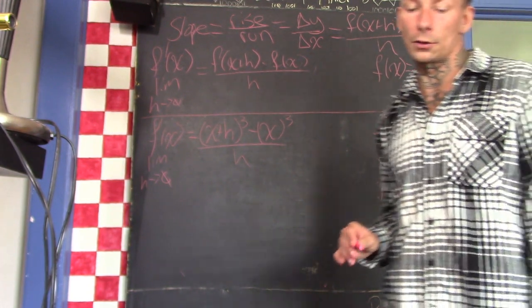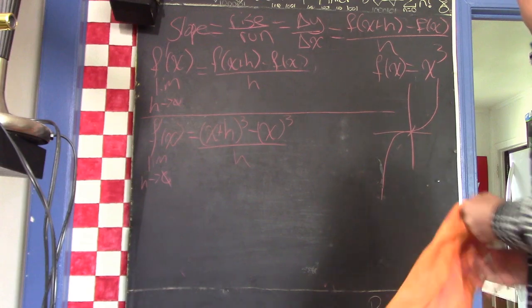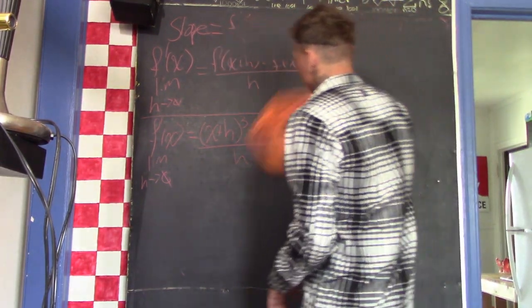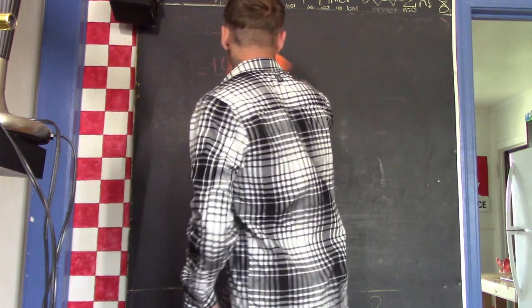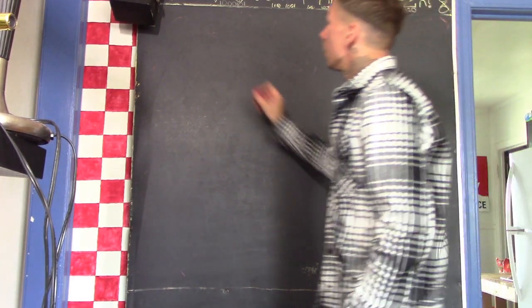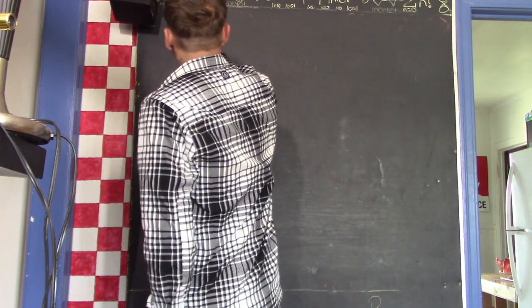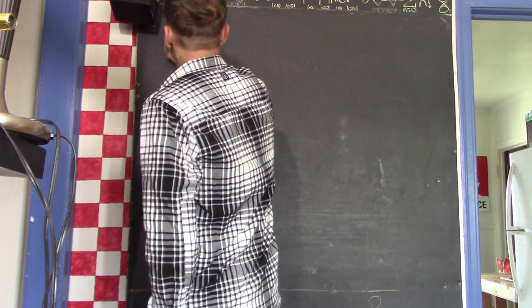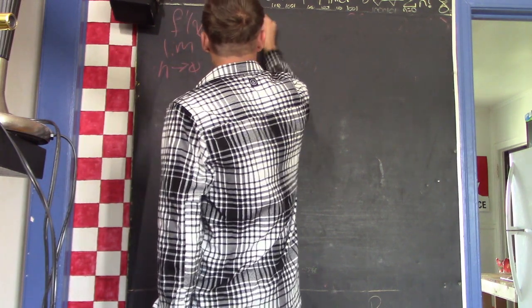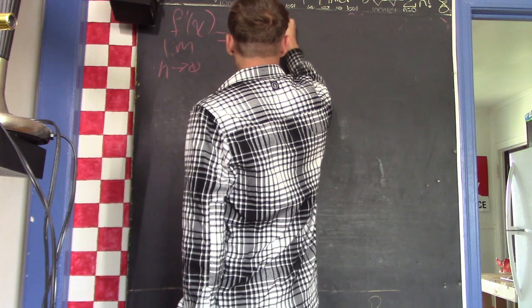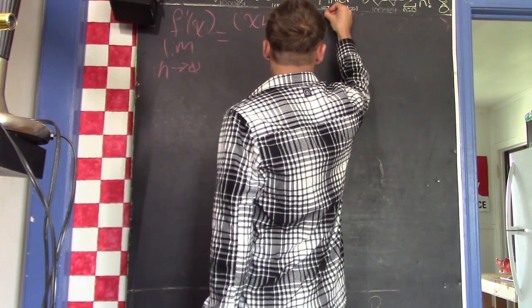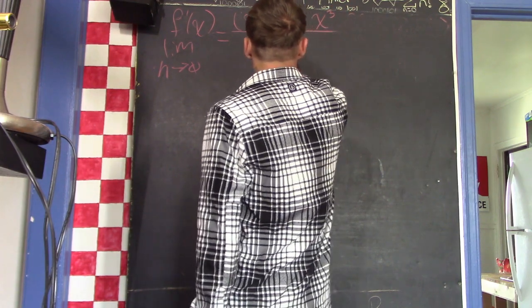Let's clear up the chalkboard first. So our derivative is the limit as h approaches 0 of x plus h all cubed minus x cubed over h.